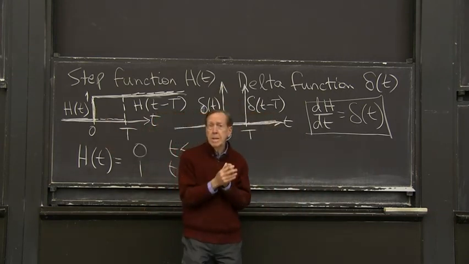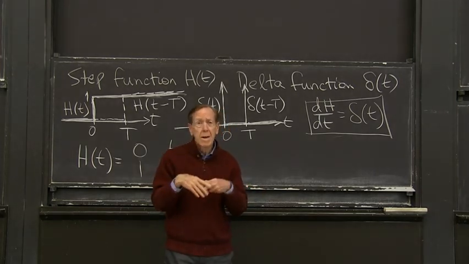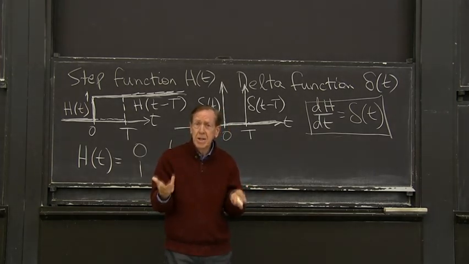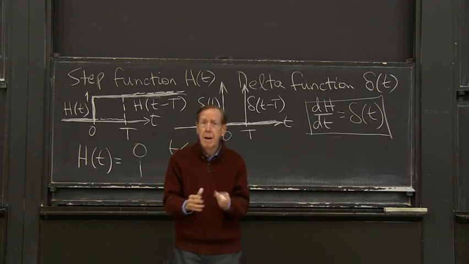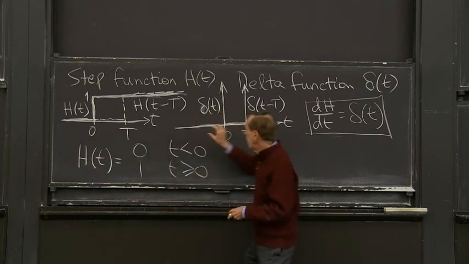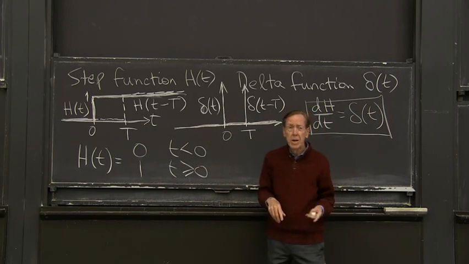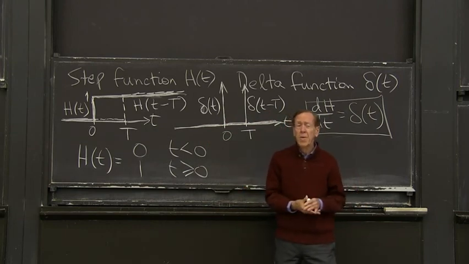And the point is, infinity is not a sufficiently precise word to tell you exactly what's happening. So this graph of a delta function is not fully satisfactory.